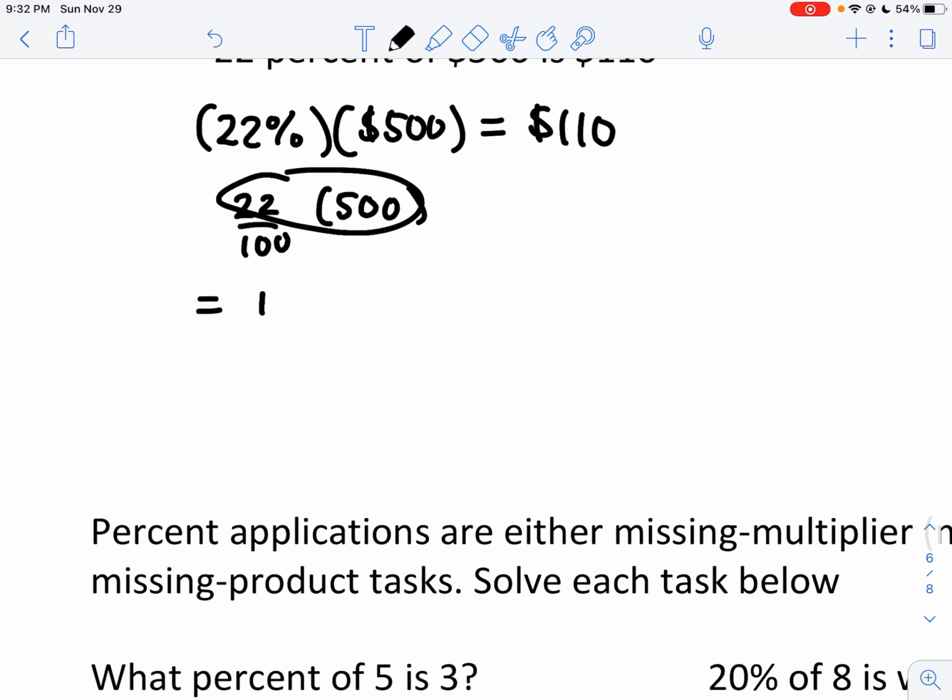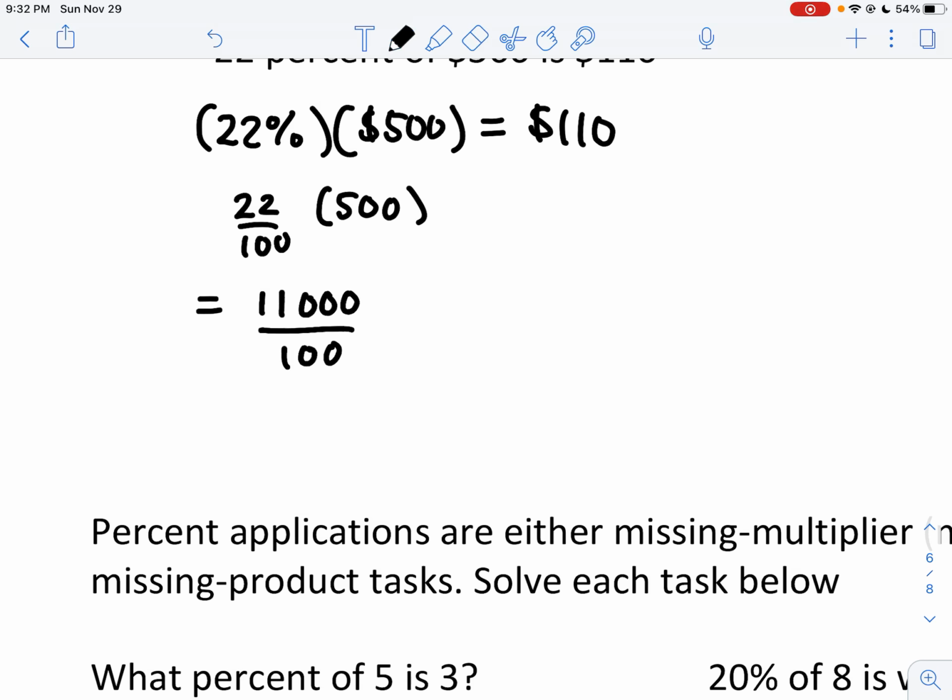And 22 times 500 is, make sure I get this right, it's 11,000. Because we do 20 500s, that's 10,000. 2 500s is 1,000, so 20 500s is 10,000, and then 2 more 500s. Yeah, so 11,000 is what you get when you multiply 22 and 500, but that's hundredths.